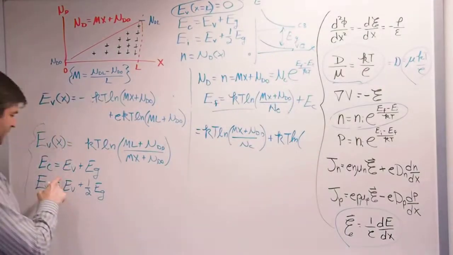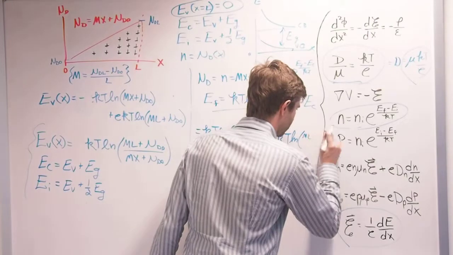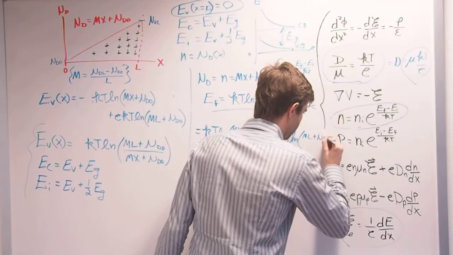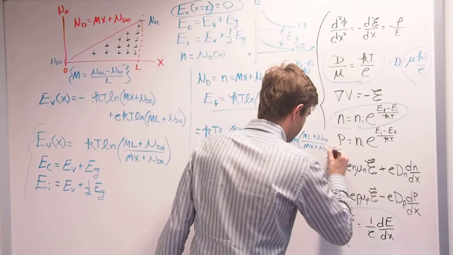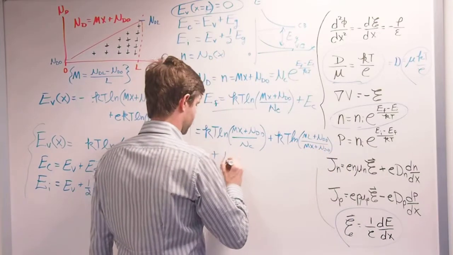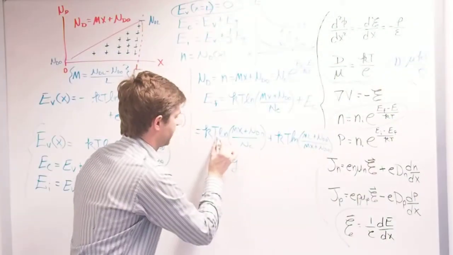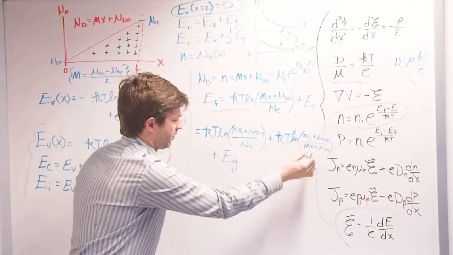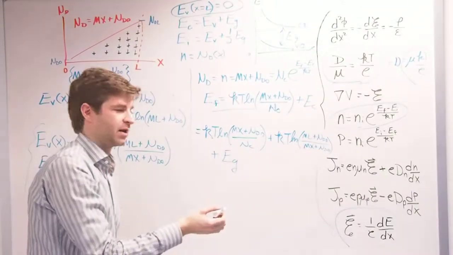E_C is E_V plus E_G, so (m L plus N_D0) over (m x plus N_D0), plus E_G. Can we simplify this? Yes, we can. We have two natural logs, and we can put them together and multiply the arguments together to make one natural log.